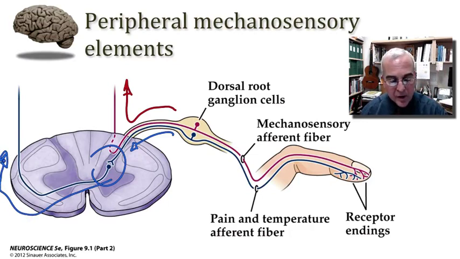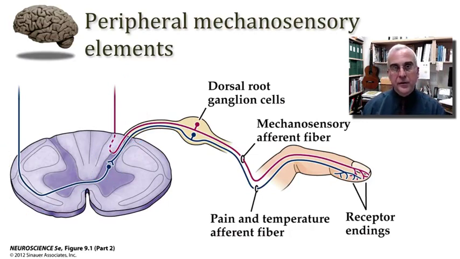Okay, so one clear difference between these two labeled lines is that the mechanosensory fiber grows along the course of the spinal cord, whereas the pain and temperature fiber makes a synaptic connection upon entrance into the spinal cord at the level of entrance. Okay, so keep that thought in mind, and we'll see how that plays out when we talk in detail about the pathways.